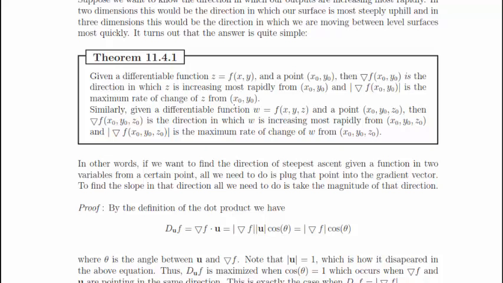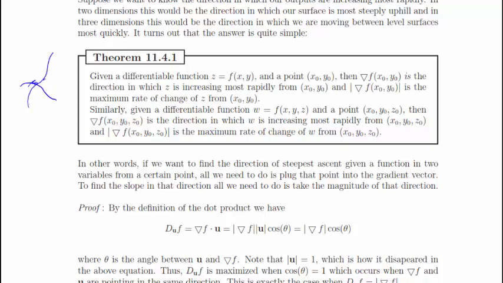So when we say from x0, y0, I'm just saying as we move away from this point. Say you're on a hill, and you're walking along some path. It's flat right at this point, so there's no change in any direction. But if I'm at this point, and it's kind of flat in this direction, then the greatest uphill is actually back here.